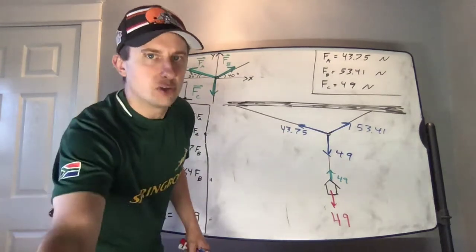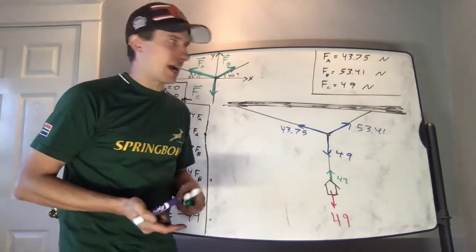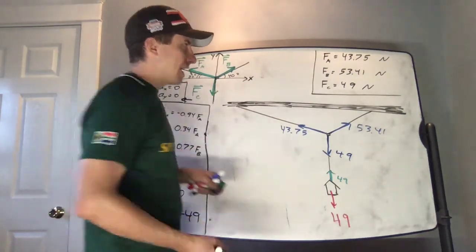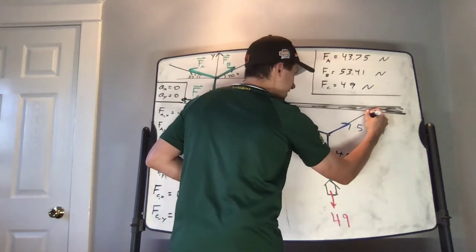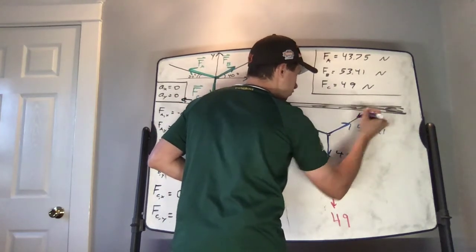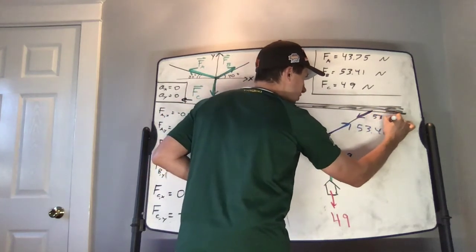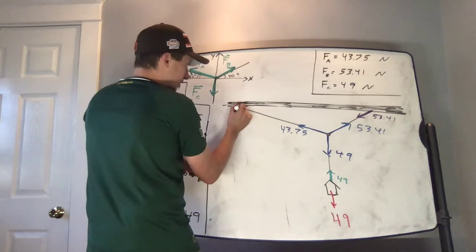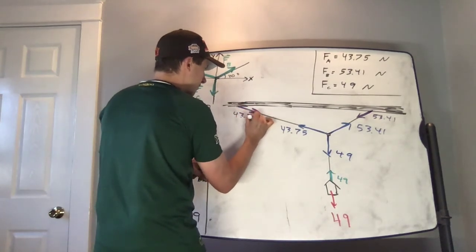Ropes A and B would also be pulling downward and to the left and to the right on this long horizontal bar. And I could say, if I wanted to, that rope B is pulling down and to the left on this bar with a force of 53.41. Rope A is pulling down and to the right with a force of 43.75.